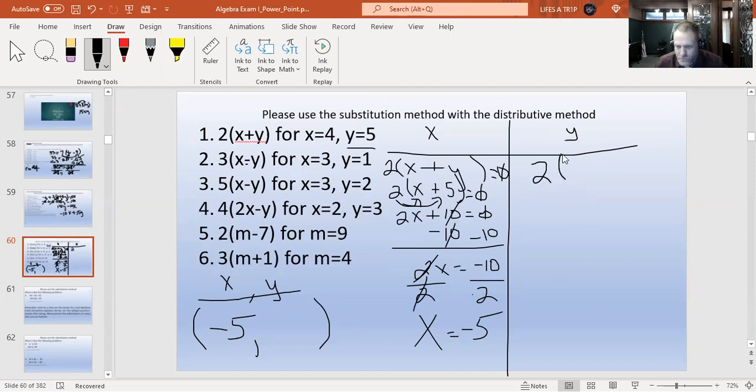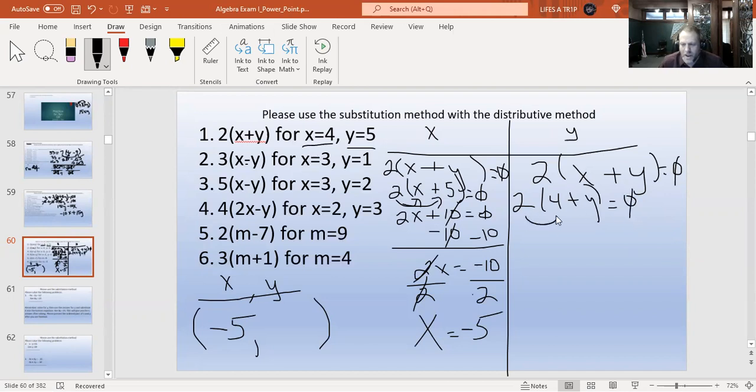2 times X plus Y. We're going to solve for Y equals 0, because we don't want to get stuck with unlike terms. So now let's substitute that X for 4. 2 times 4 plus Y equals 0.